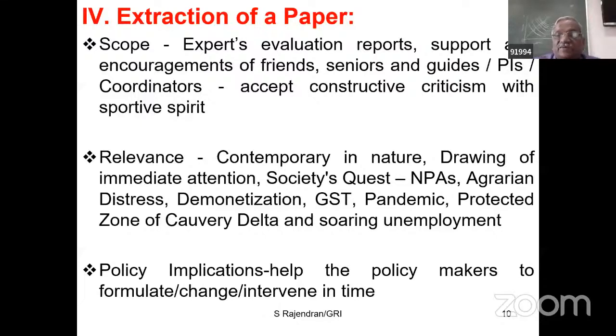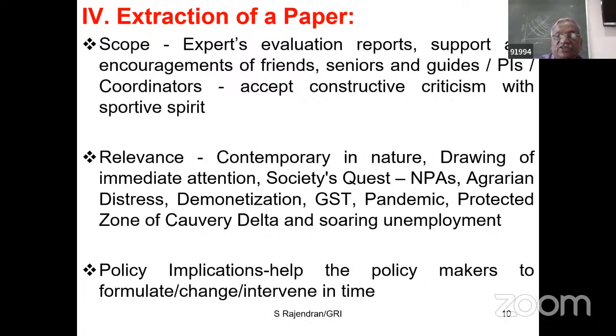For example, recently I received a thesis on the financial inclusion of tribal communities in one of the neighboring states, and very good piece, very good information. And I suggested that a paper can be brought out that can be sent to NABARD sponsored journals, etc. So that kind of target one should have.